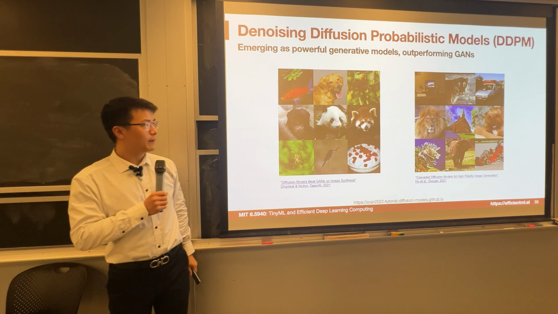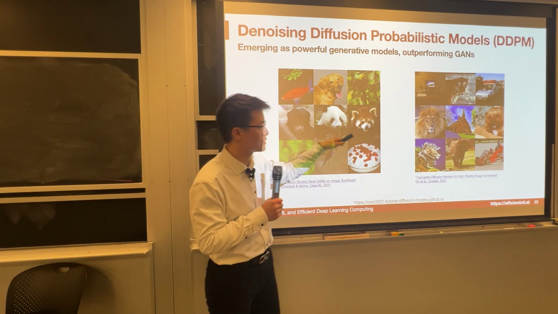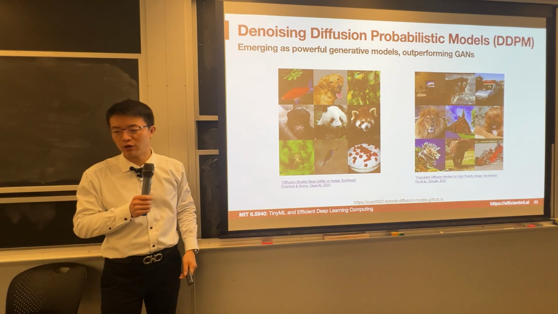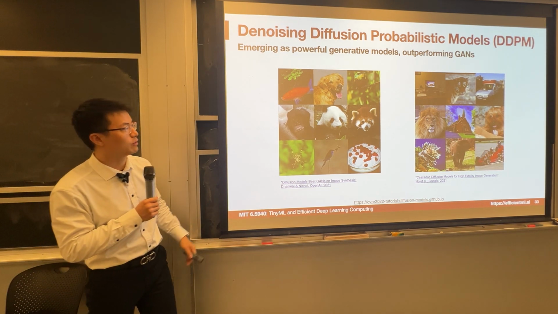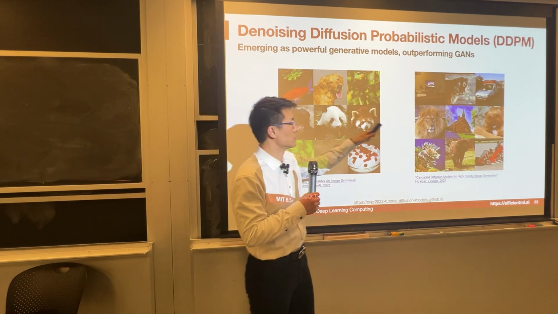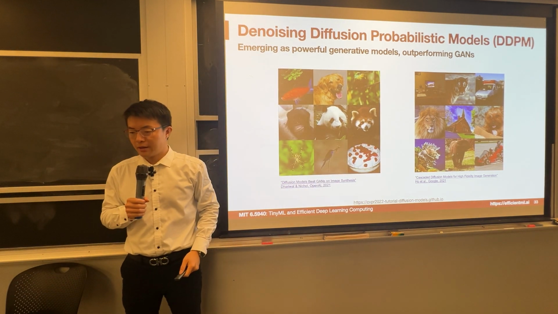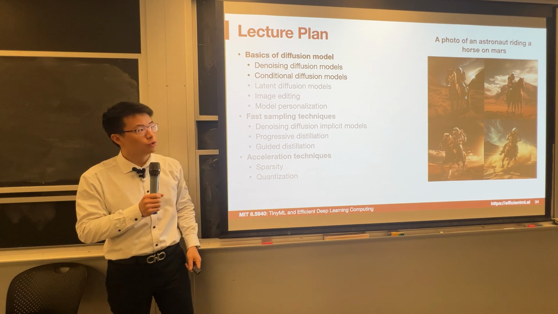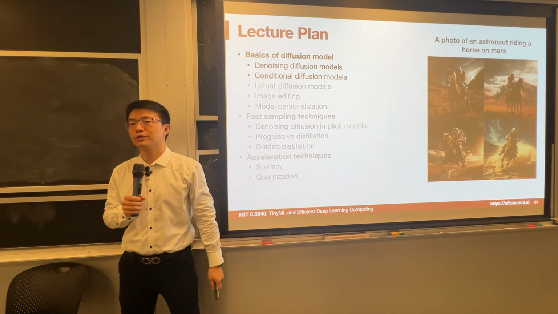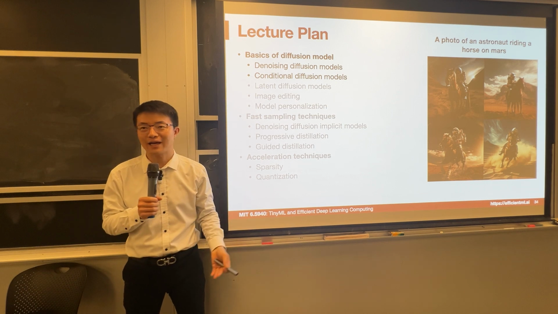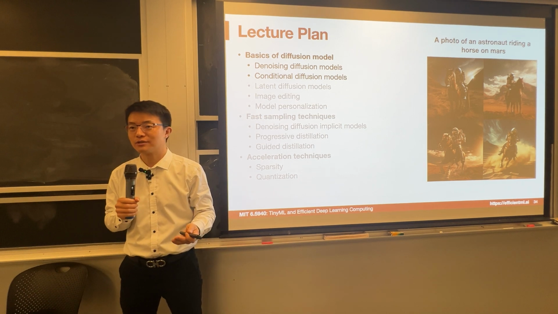All right, so diffusion models are emerging as powerful generative models, sometimes outperforming GANs, producing some cool images. What if we want to generate specific things, like a particular class, or generate an image given a text?